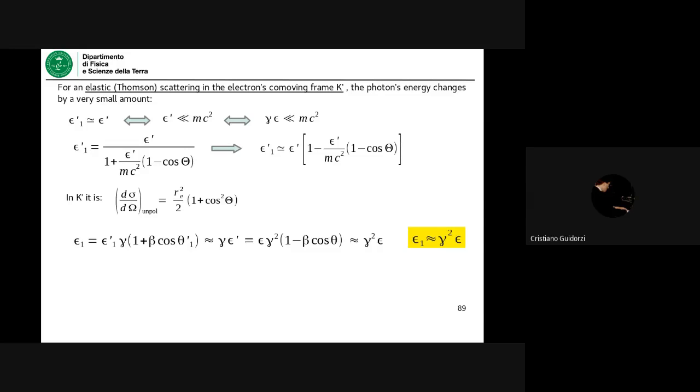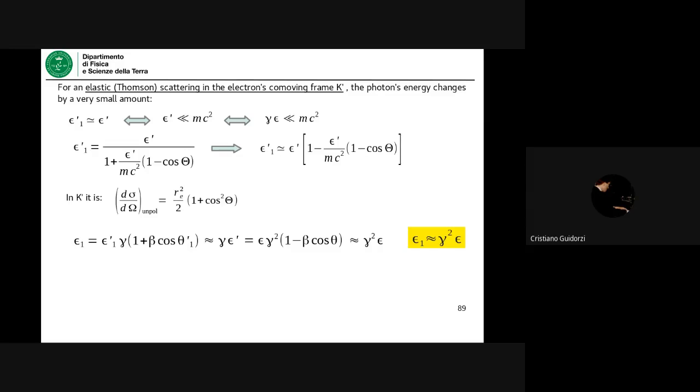So in inverse Compton scattering, it is the photons that gain energy at the expense of the electron, and that explains the name inverse. But you see that the amount of the energy gain is really huge, and the more so when you consider even more energetic electrons.